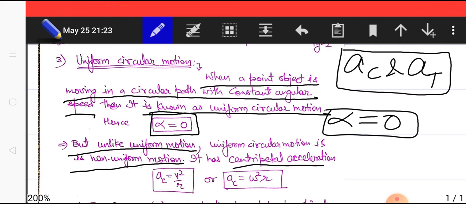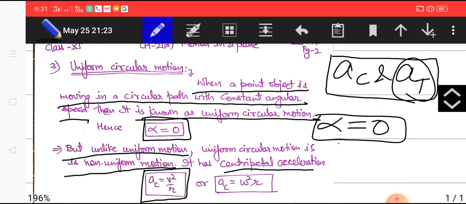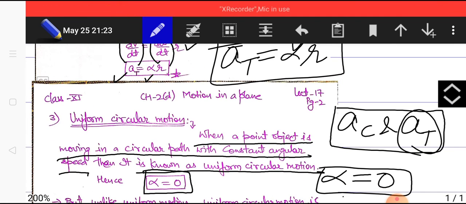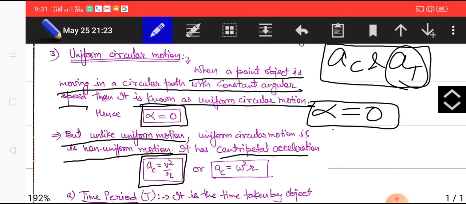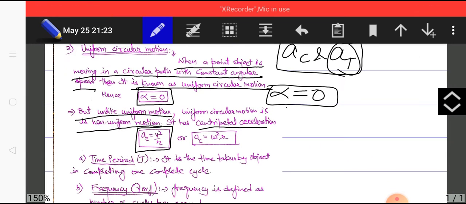If your a t is equal to 0, or we can say alpha is equal to 0, then the motion is known as uniform motion, and uniform motion has non-zero a c, that is centripetal acceleration. Because if alpha is equal to 0, then it means a t is automatically 0. Let me repeat, it's a little confusing here.